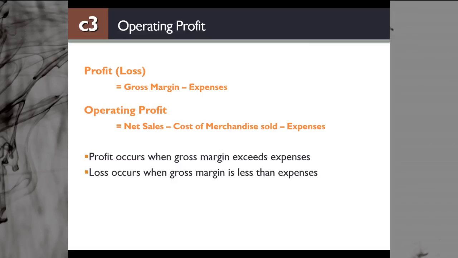So when your gross margin is less than expenses, you will get minus of this profit and loss, right? So if you get this minus, that will be loss. So profit occurs when gross margin exceeds expenses, and the loss will occur when gross margin is less than expenses.